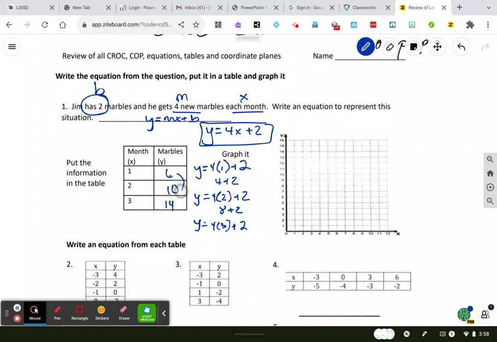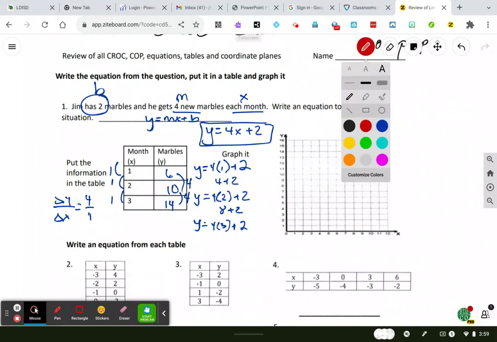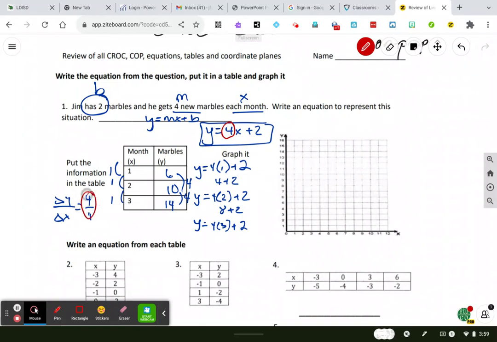So if you look at this, the rate of change is 4. This rate of change is 4. These are all 1. And so your change in y over your change in x is 4 over 1. And if you look at your equation that you wrote based on what you were told, you can see that this and this match.